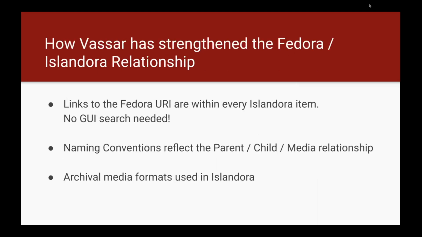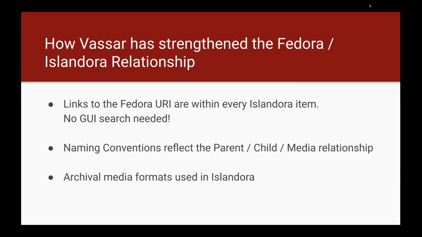So how has Vassar strengthened the Fedora Islandora relationship? We've tried to mitigate some of these issues so that we can still really leverage the value of Fedora as part of our preservation toolkit. So we have links to the Fedora URI with every single Islandora record, so that if the GUI is needed, we can get to it. Our naming conventions reflect the parent-child media relationship, so we are able to pull all those through.